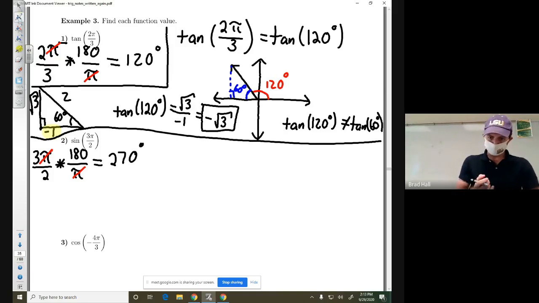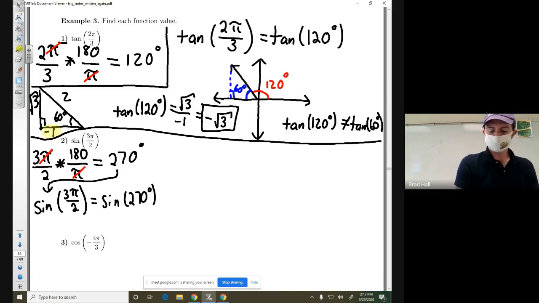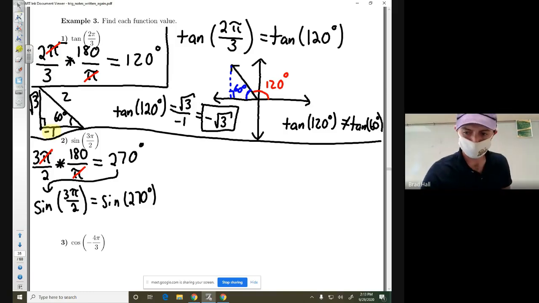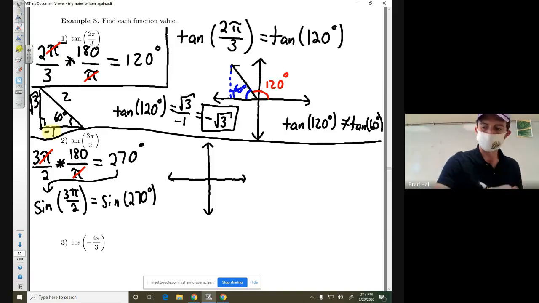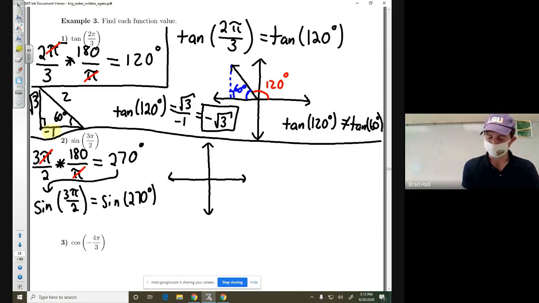And from here, that's all we've really done. So now the idea is the same as before. We need to figure out what 270 is, which, that's a good question. 270, that looks kind of familiar.